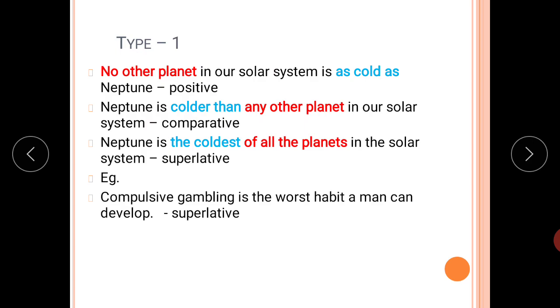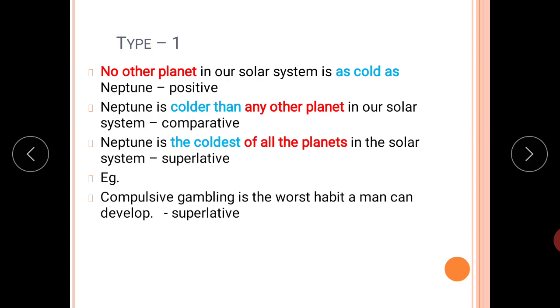So the first type says "no other planet", no other. That means it is Neptune. Neptune is the coldest. That's all. No other planet in our solar system is as cold as Neptune. You can also say, no other planet is as cold as Neptune in our solar system.